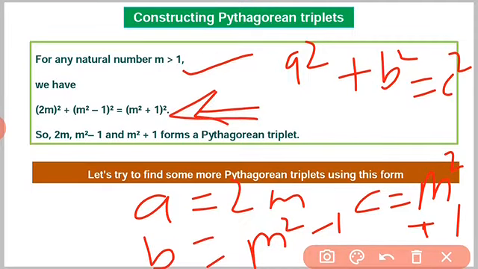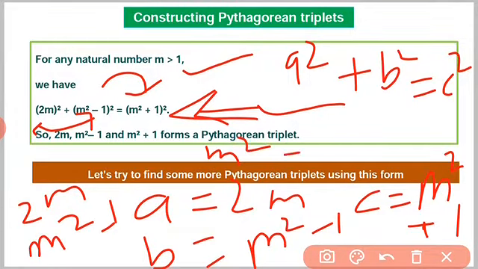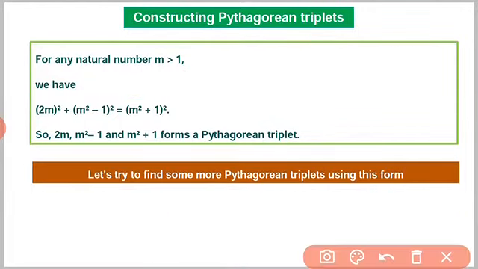If the sum of the squares of two numbers is equal to the square of the third one, and satisfies this relation, then 2m, m squared minus 1 and m squared plus 1 form a Pythagorean triplet. Let's try to find some more Pythagorean triplets using this form.